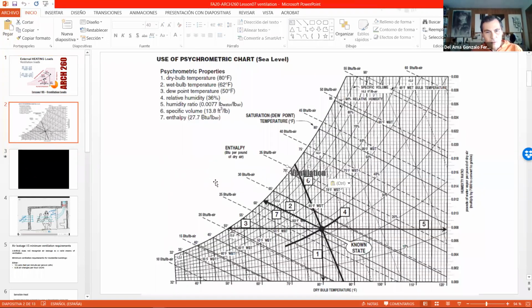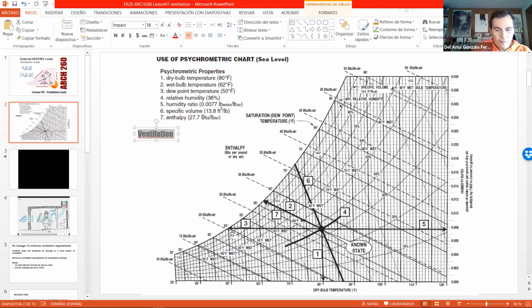Okay, so there are two factors that affect comfort. The first one is temperature. And the second one is humidity.